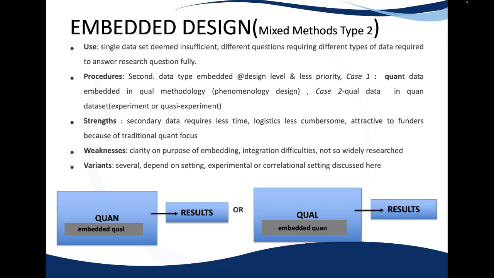qualitative or quantitative study. People will find this a very difficult design to pursue, because the whole process of embedding can look like a concurrent study, just done differently. The integration is normally sometimes difficult, so many people don't utilize this.